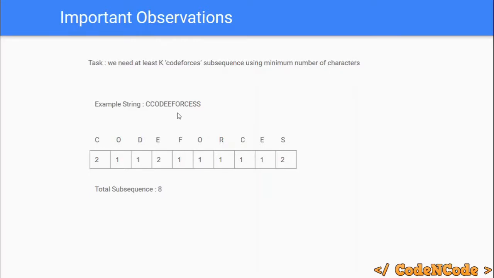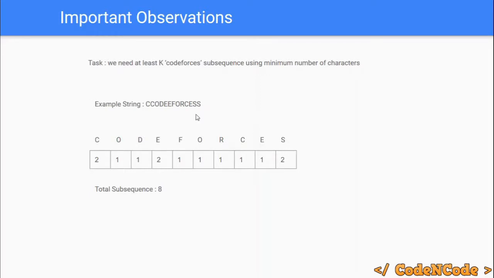If I show you 1 or 2 examples, choose the first character as the first C, and then O, then D, and then to choose E you can choose either the first E or the second E. That is why you have 2 choices. Similarly for F, O, R, C, E, then while choosing S, you can choose either the first one or the second one. So that is why for S we have 2 choices.